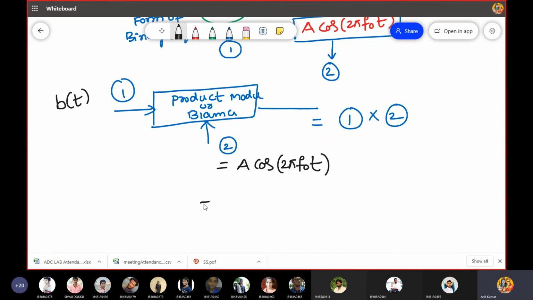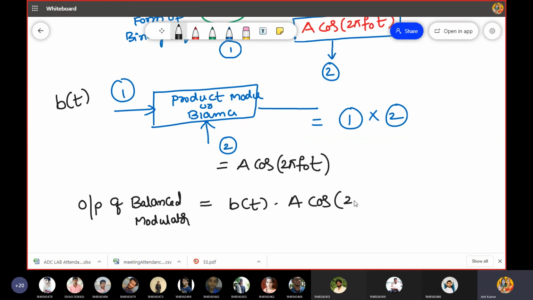The output of the balanced modulator is equal to B of t into A cos 2 pi f naught t.